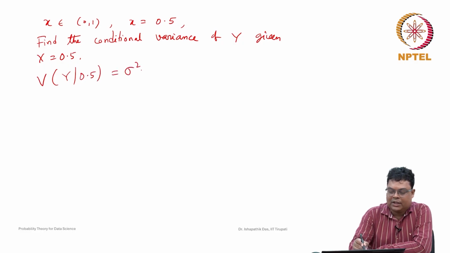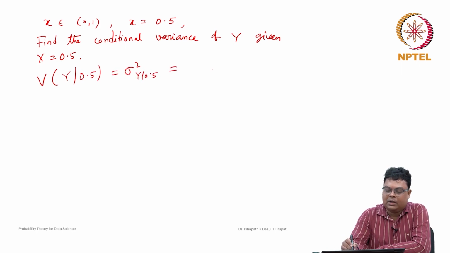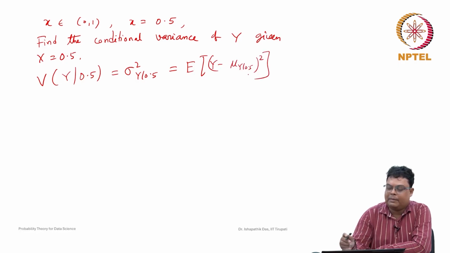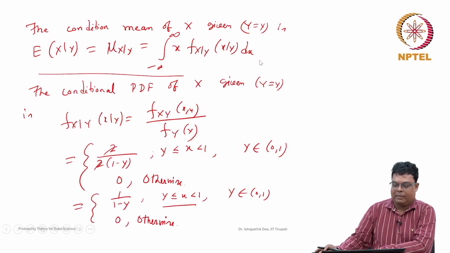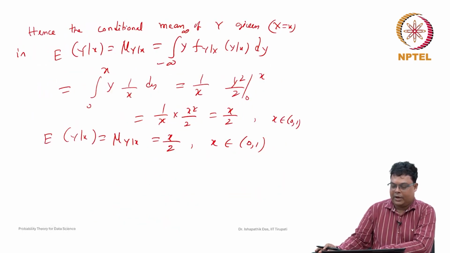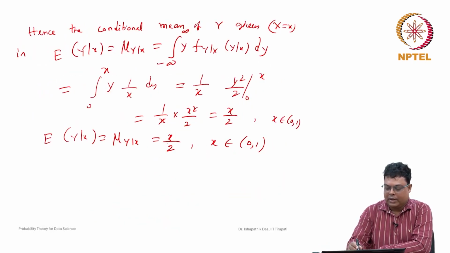This is sigma square y given 0.5, which is by definition the expected value of y minus mu of y given 0.5, whole square. This value mu of y given 0.5 we will find from here. We have already computed this; x will be 0.5, meaning 1 by 2.